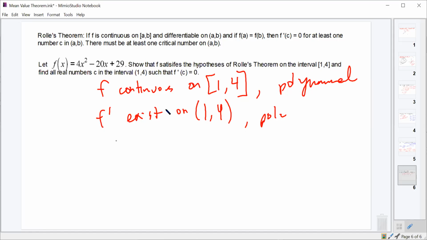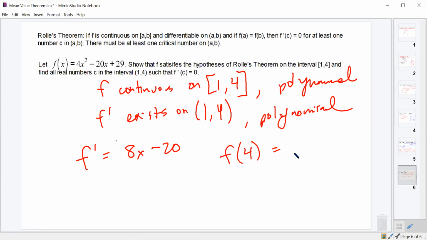Yep, because it's a polynomial also. Right. What's f prime of x? It's 8x minus 20. And then we also need to figure out what's f of 4 and what's f of 1, and do they equal each other? So what's f of 4 equal to?